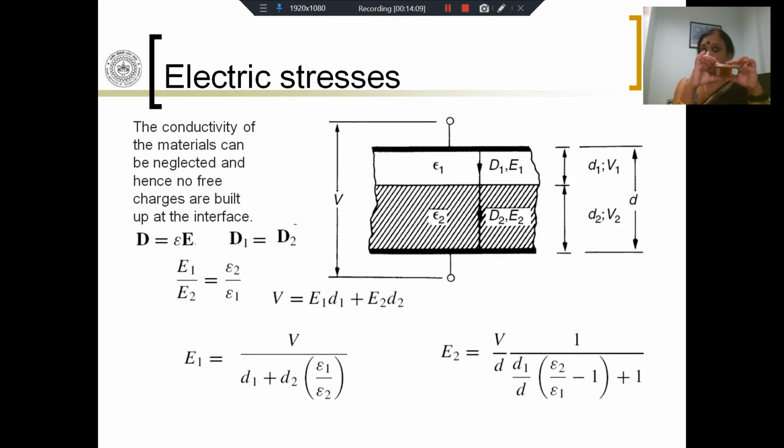And there may come a situation where this E1 will exceed the breakdown strength of the air in this infinitesimal region, and there will be partial discharges. There will be discharge in this region. And when there is discharge in this region, by processes that we have not yet discussed, if you have partial discharges inside a solid, ultimately it can lead to complete breakdown. Just to give you an idea, if there is discharge in this air gap, there will be production of charged particles which are accelerated in the field.